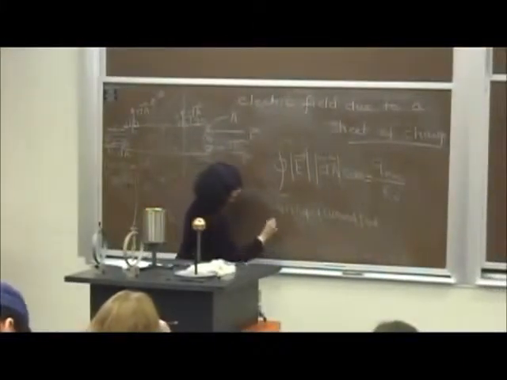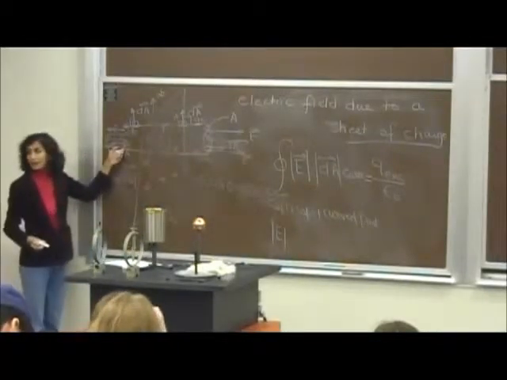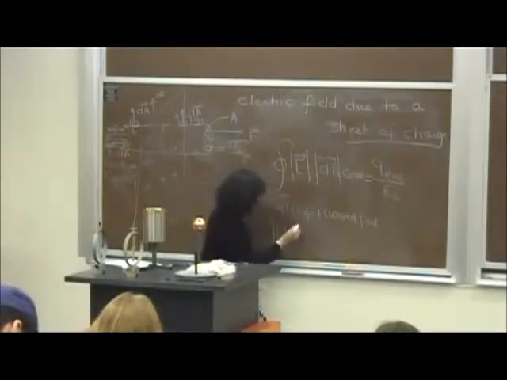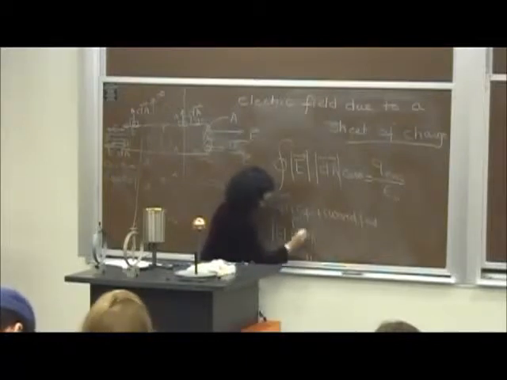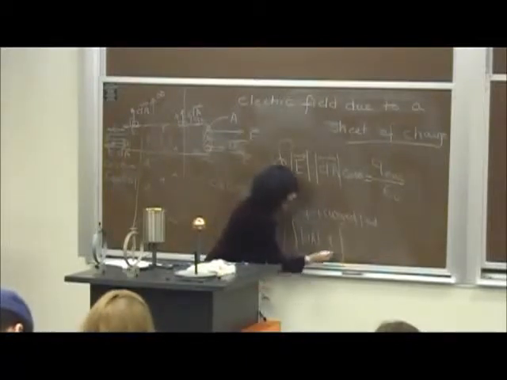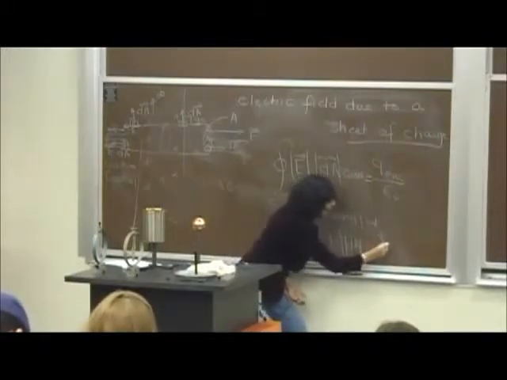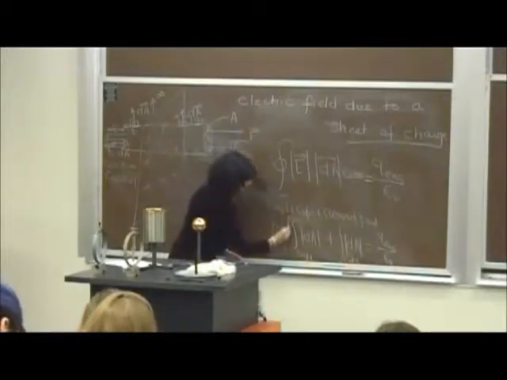I pull it out. Cosine theta for each of these caps is cosine 0, which is 1. So all I have is integral over cap 1 of dA plus integral over cap 2 of dA, and this is equal to Q enclosed over epsilon 0. Okay, what is this thing?